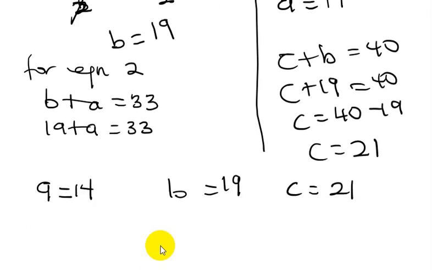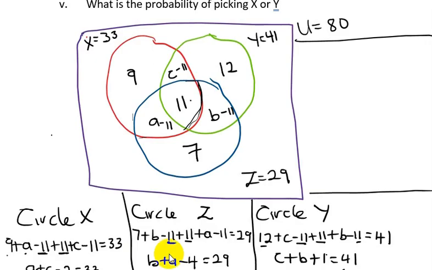Okay, now let's go back to the question and solve the question that they are talking about. Now we got A to be 14, but if I want only A, I have to subtract 11 from it. If I want C only, I have to subtract 11 from the value we got for C. If I want B only, I'll do the same.